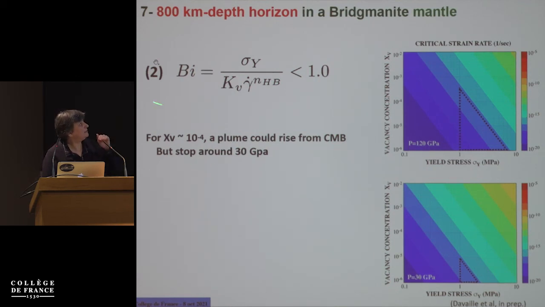Then this criterion will not be satisfied anymore. So this could explain why we have a horizon at 1,000 kilometers.